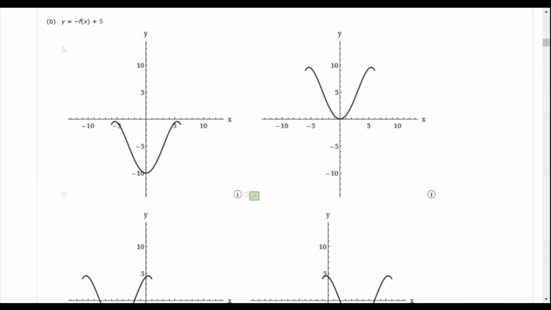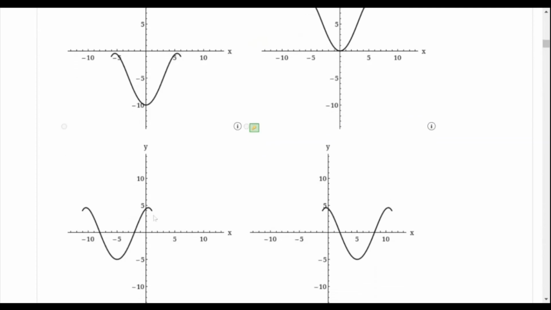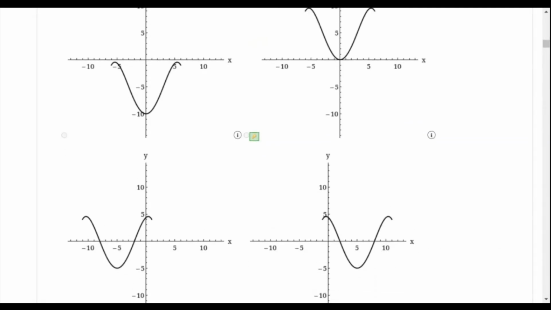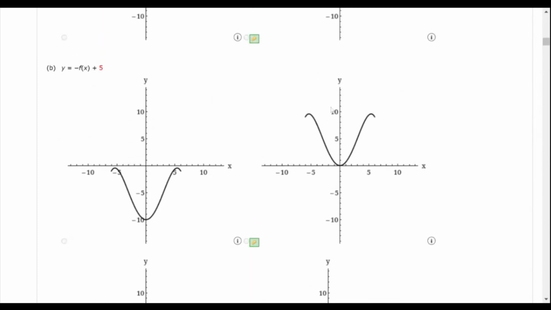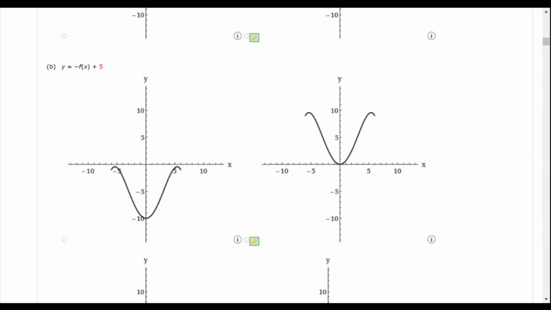So it wouldn't be this first one, because it's too far down. And this one kind of went left, and this one kind of went right. You get that, Tanaya? It was a vertical shift up, but it had to flip at the same time. Okay, I see what you were saying.